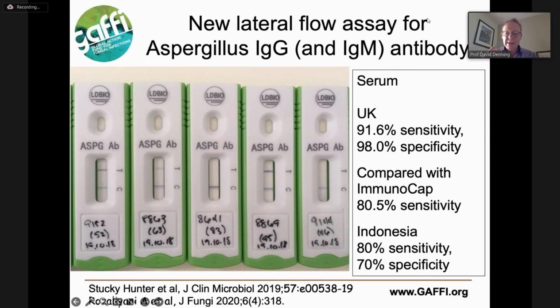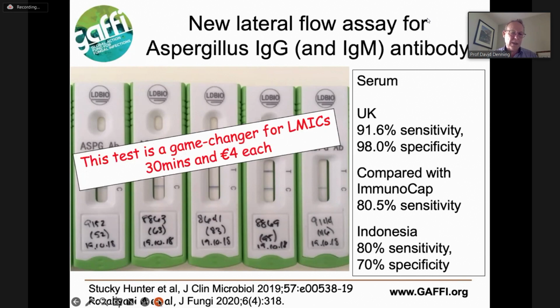In Indonesia, in our work, it was not quite as specific or sensitive, and that reflects the inability in some patients to make a complete diagnosis. Because they didn't do CT scans in this study, there was still a lack of GeneXpert testing for some of the TB patients and so on. So that's one of the limitations of trying to do diagnostic studies.